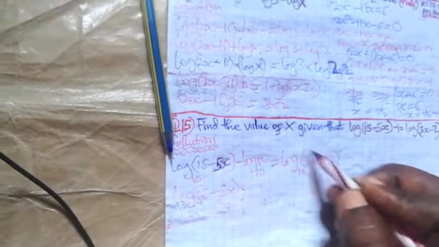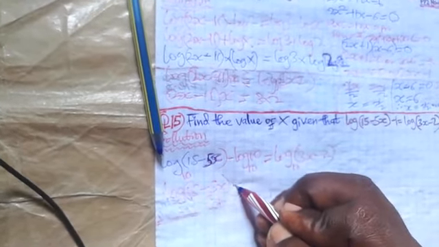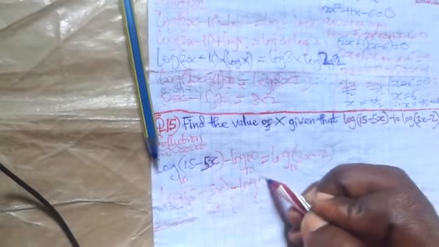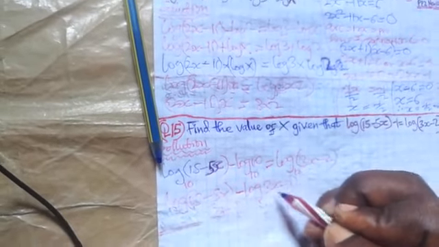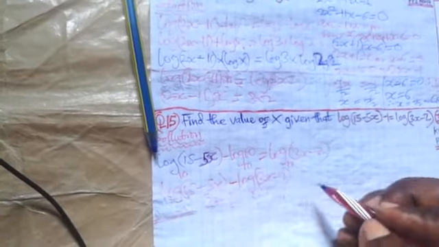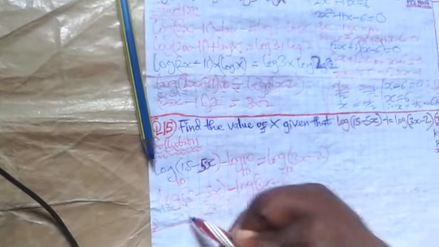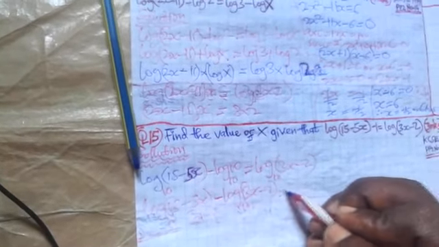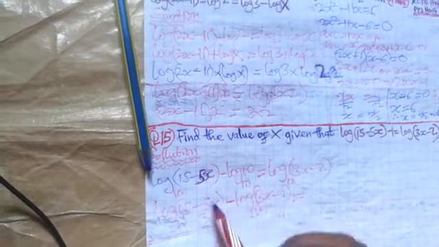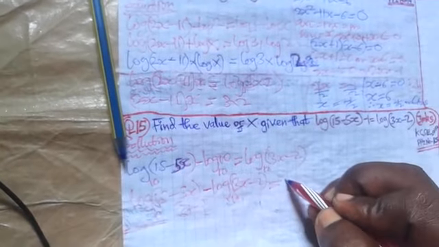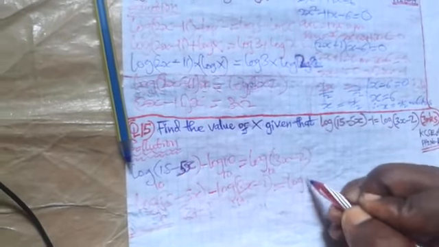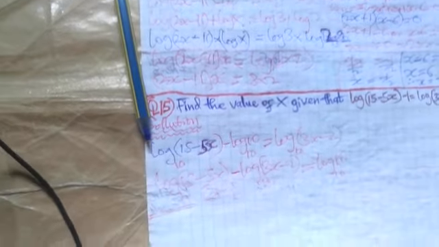This, if it crosses the equal sign, becomes minus log of 3x minus 2. Hence, this is base 10. This is negative, and when it crosses the equal sign, it becomes positive. This is log 10 base 10.